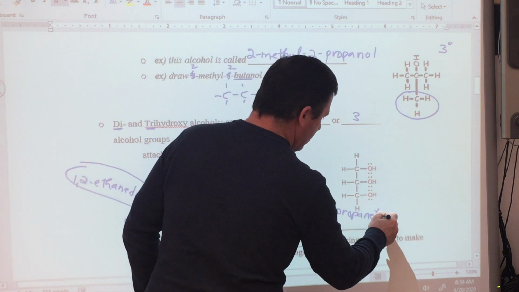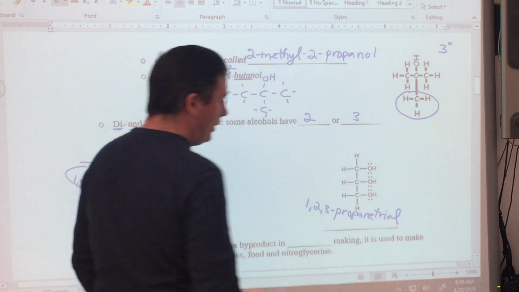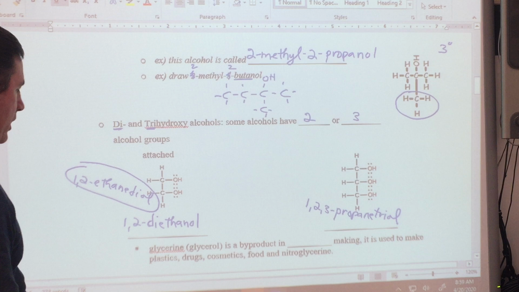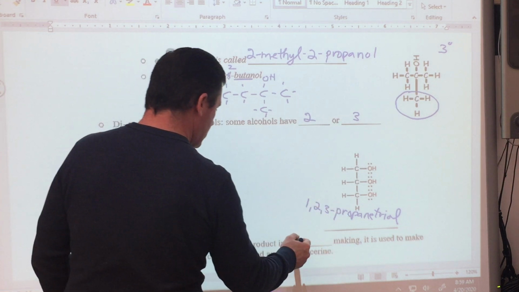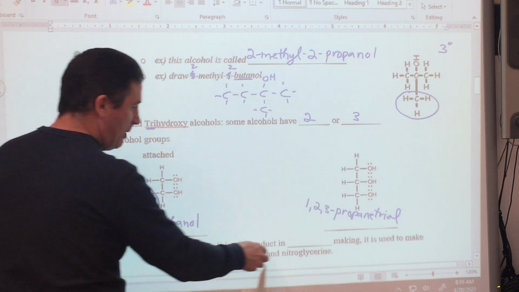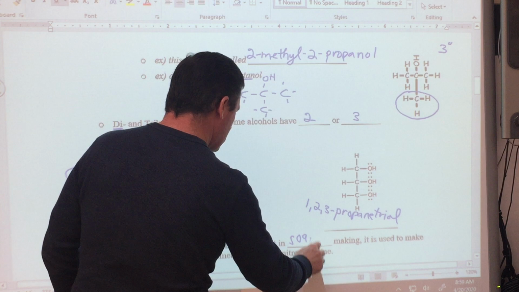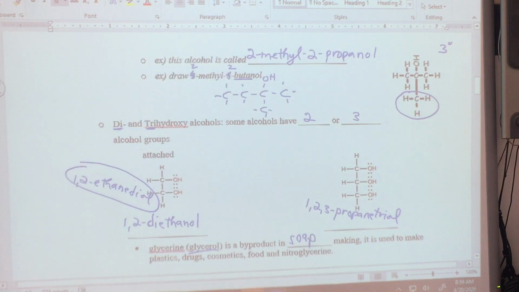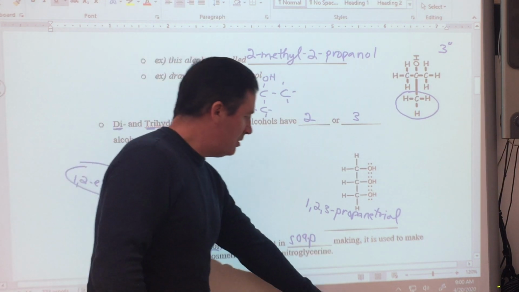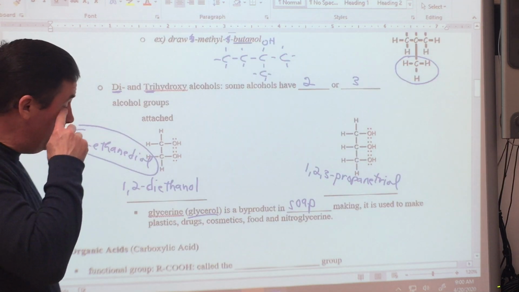And the prefix for 3 is tri. 1, 2, 3-propanetriol. Okay? This one's actually called glycerol. That's its common name. It's a byproduct in soap making. It's used to make plastics, drugs, cosmetics, food, nitroglycerin. Right? So that's the end of that.